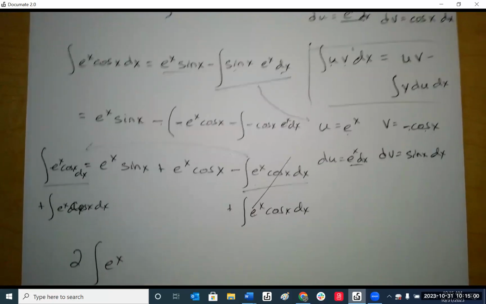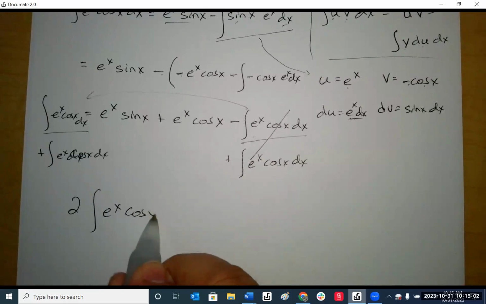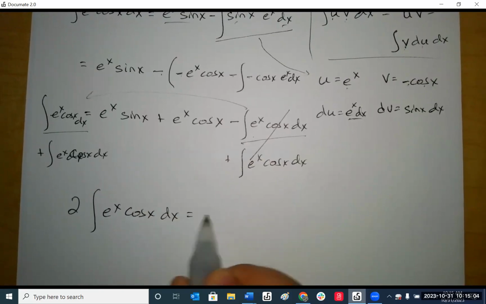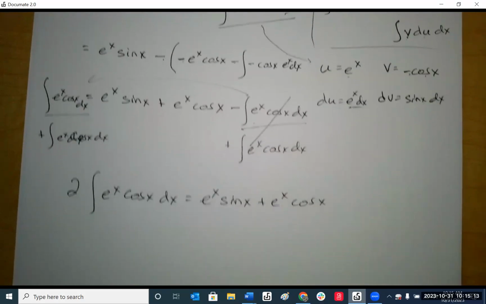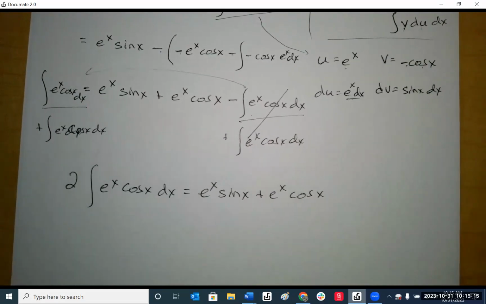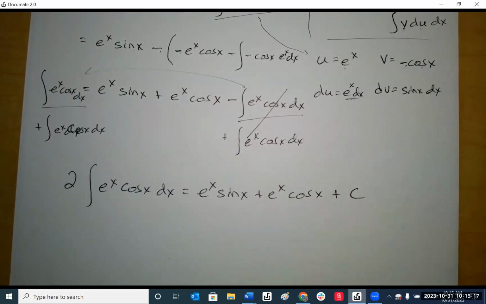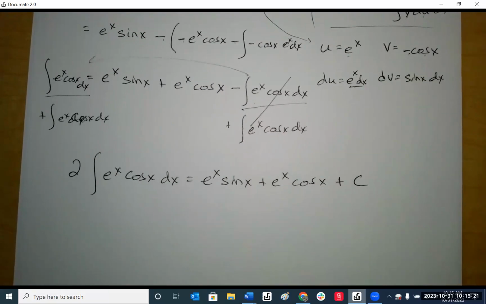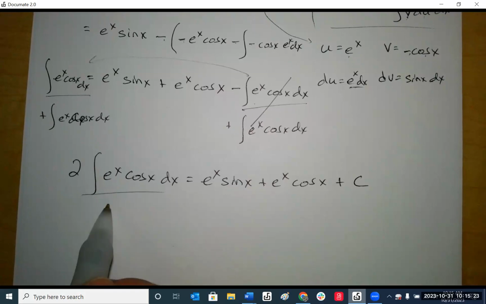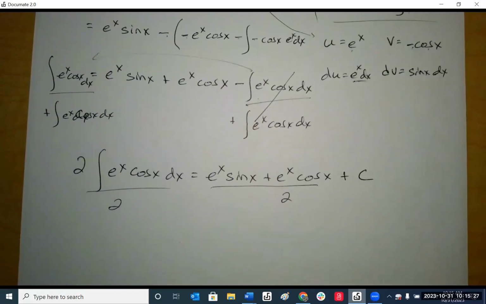2 times the integral of e to the x cosine x dx is equal to e to the x sine x plus e to the x cosine x plus c, because that's the integral. And we divide by 2. It's a constant, so it doesn't matter.